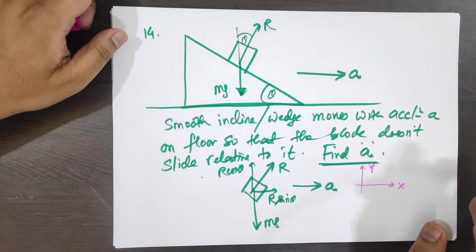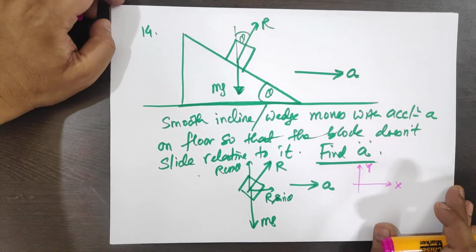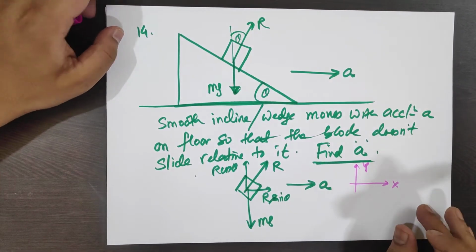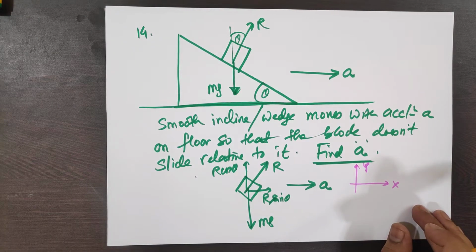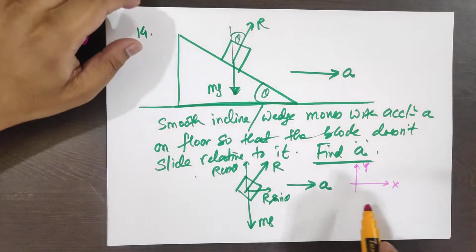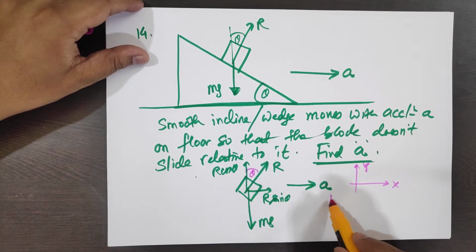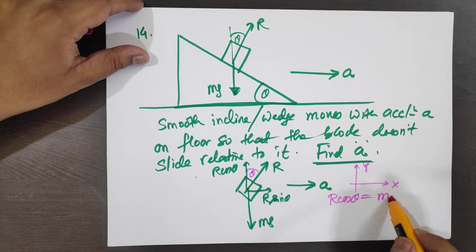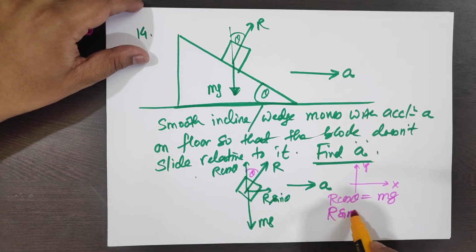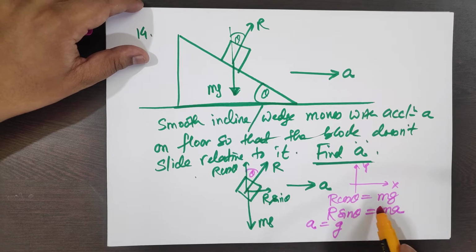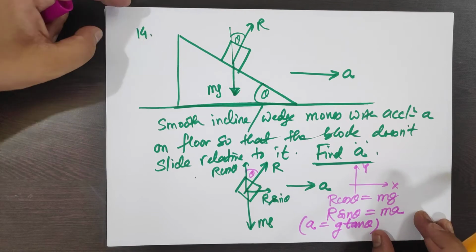Not for all problems; for this problem this is the ideal way of solving. So in the y-axis there is no motion, so R cos theta is equal to mg. In the x-axis R sin theta is equal to ma. So a by g equals tan theta. So a happens to be equal to g tan theta.